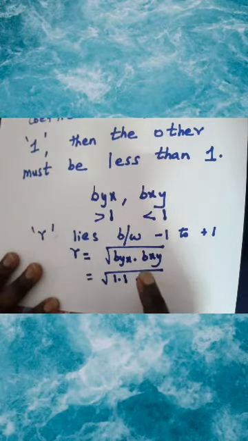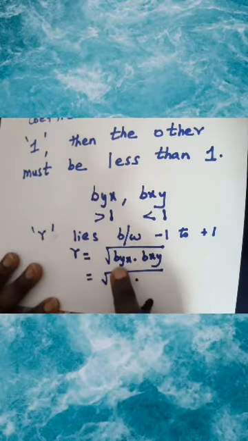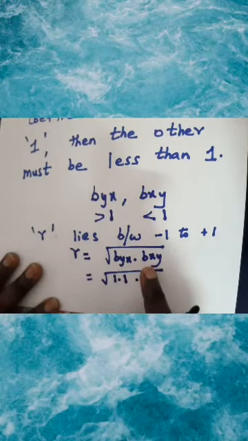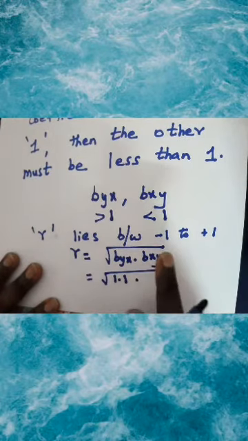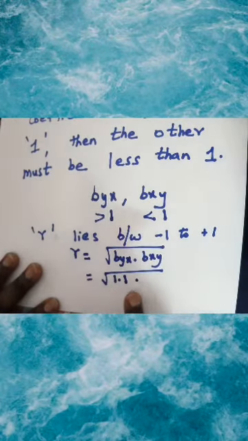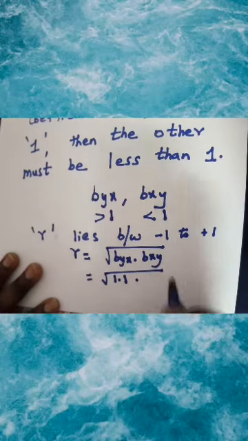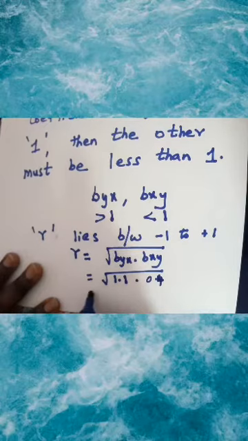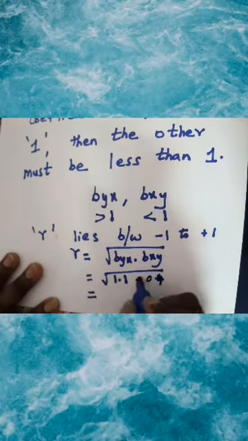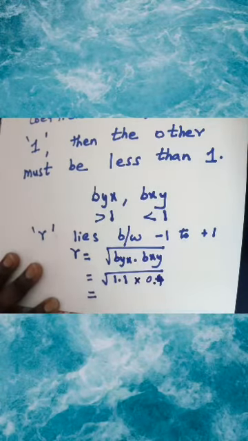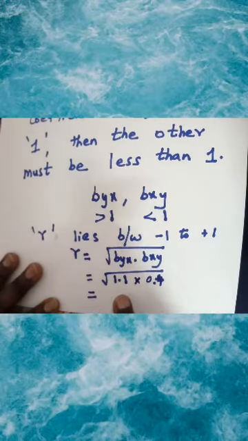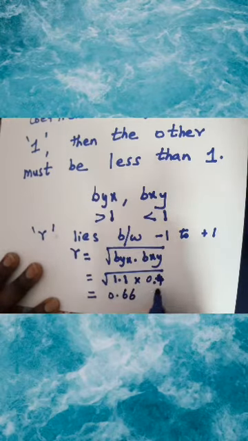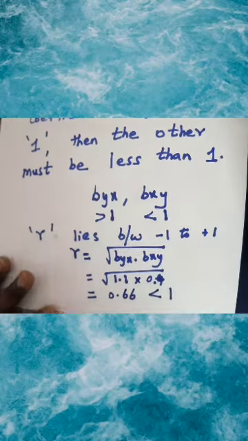Multiplied by, as the condition says, if one is greater than 1, the other should be less than 1, so we take 0.4. When you multiply, you get something around the square root of 0.44, which is 0.66. Finally, you get an answer which is less than 1.